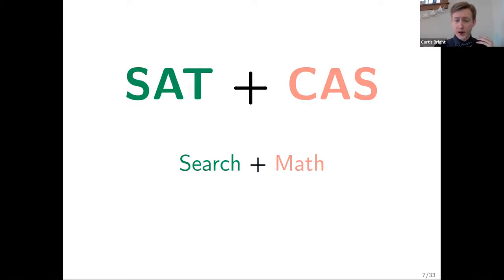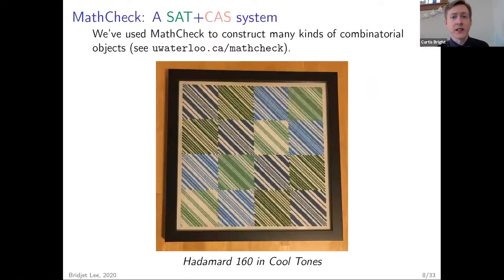My research program over the last several years has been to come up with ways to exploit the search power of the SAT solver and the mathematical power of the CAS. We've applied this system, called MathCheck, to many different types of combinatorial objects, from number theory, graph theory, and design theory. Here's one particularly nice looking one.